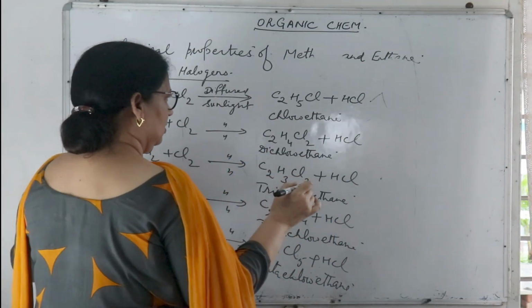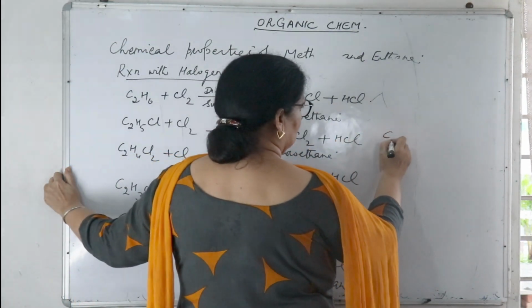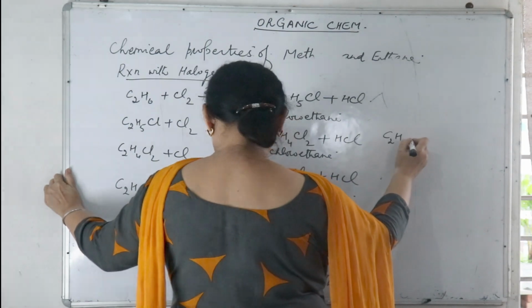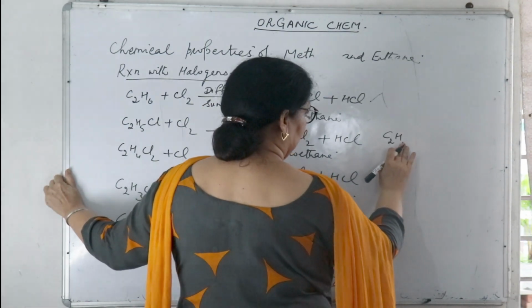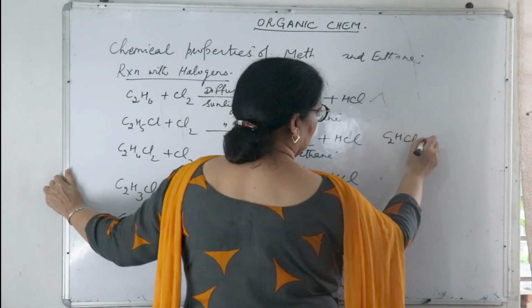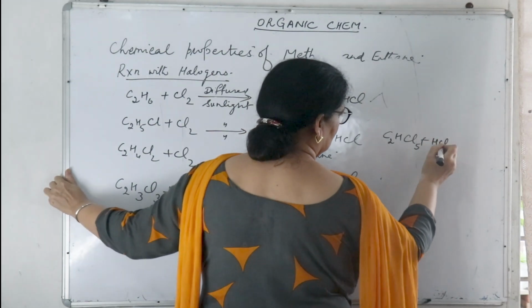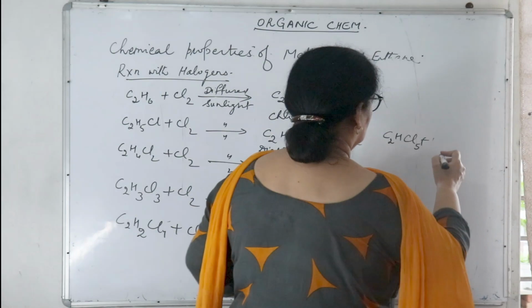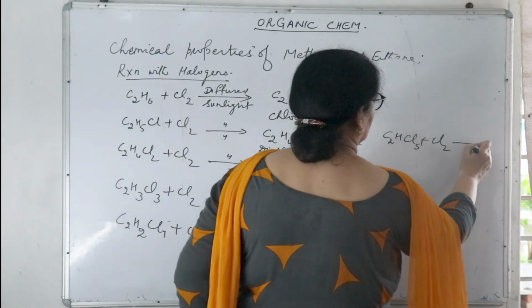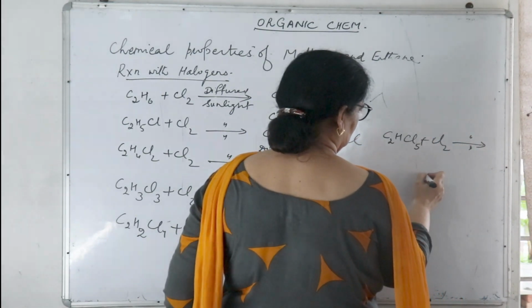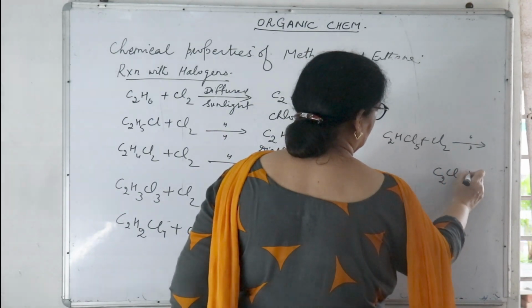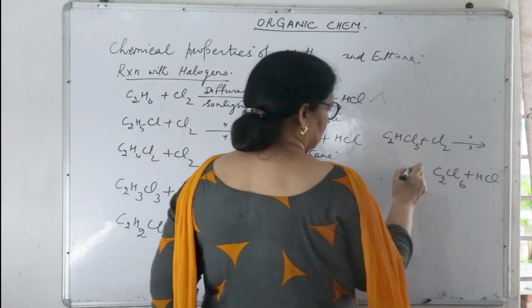Last one is C2HCl5 plus Cl2. In the presence of diffuse sunlight, this will give C2Cl6 plus HCl, and this is the last product.